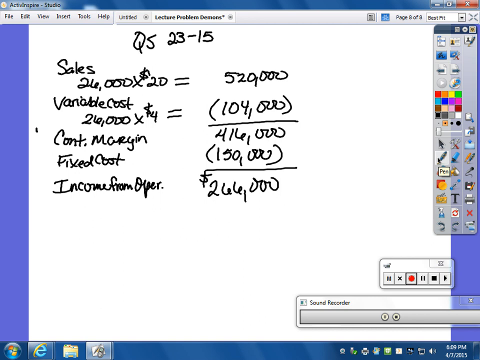I'm going to keep this here. This column will be what? Flexible or actual? Flexible, right? Because it was based on the flexible budget, and then we need our actual column.